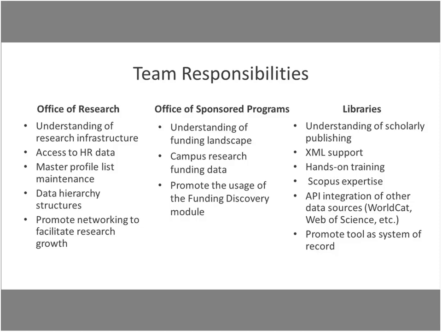For our Office of Sponsored Programs, it was really to promote the usage of the funding discovery module, which is part of our system, and match researchers to funding opportunities. For the libraries, we're really invested in seeing a system of record for the work done here on our campus. So that can create an interesting dynamic when all three of us have a different top goal, even though we all see the same goals across the board.